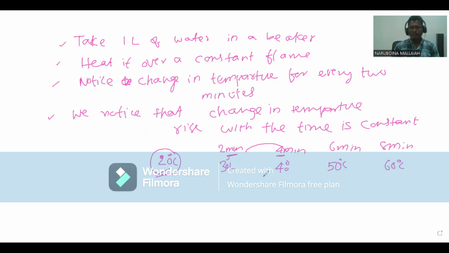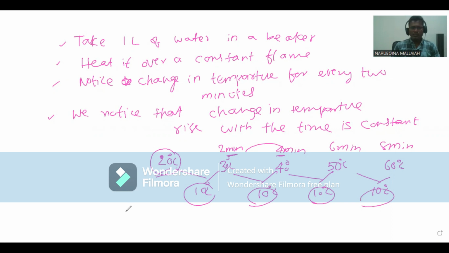From this, we see that the differences, 30 minus 20, 40 minus 30, 50 minus 40, 60 minus 50, are each 10 degrees centigrade. There is constant change with the time. For every 2 minutes, there is only 10 degrees centigrade change.